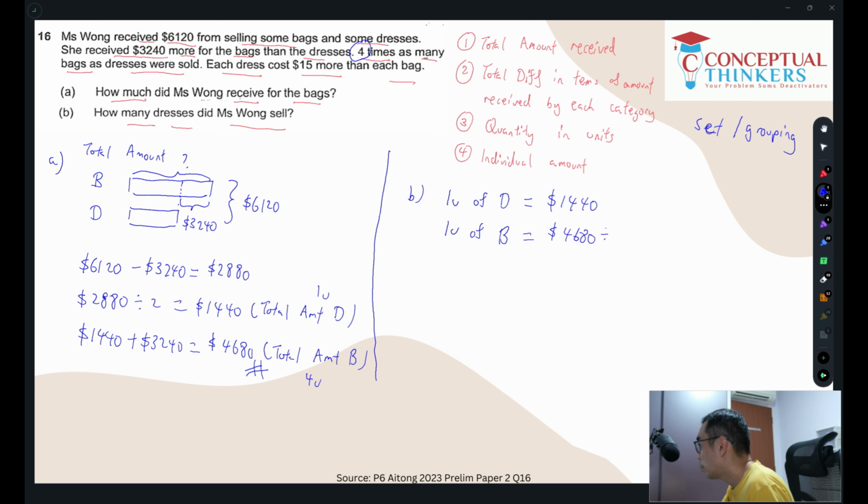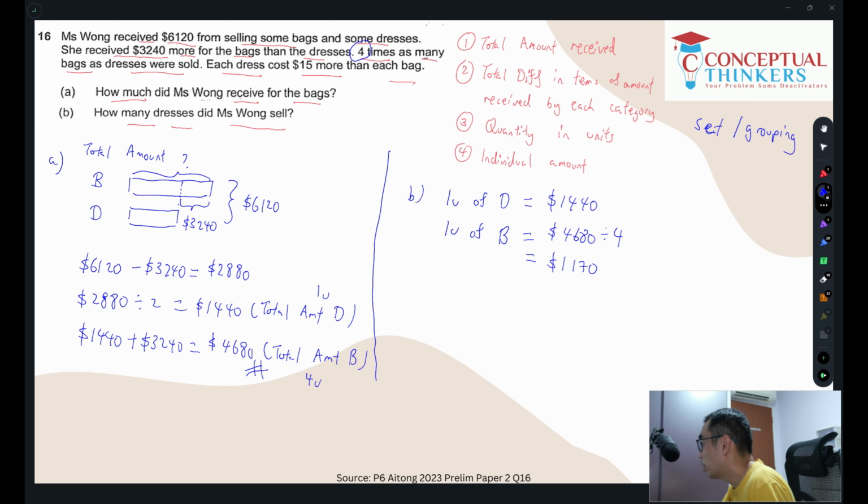Let me divide by 4. I should get $1,170. So now we have the same quantity. If I look at the difference between the dress and the bags, I'm comparing them with the same quantity. Okay, so with this I can continue and solve the question.